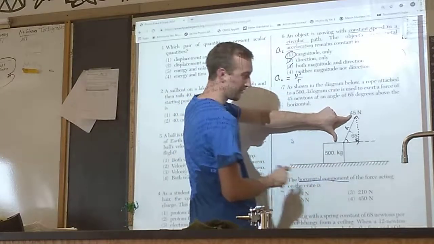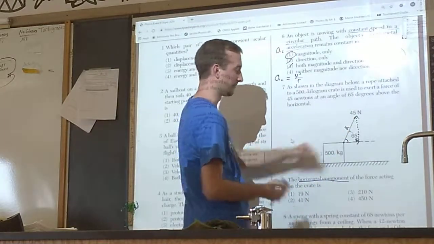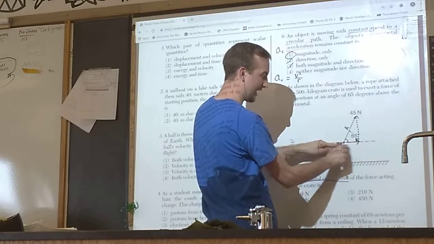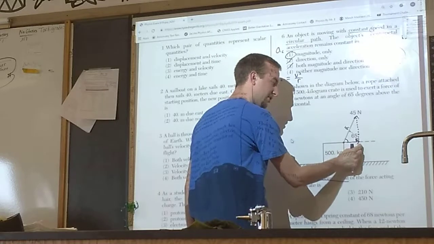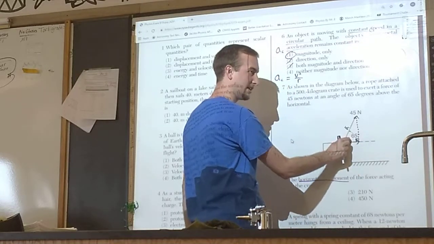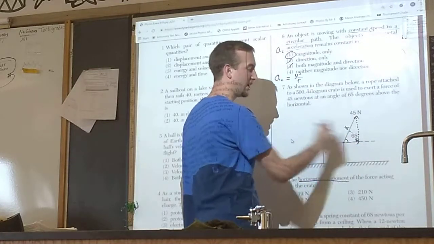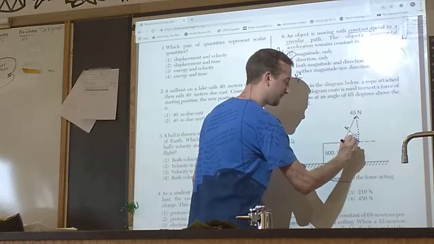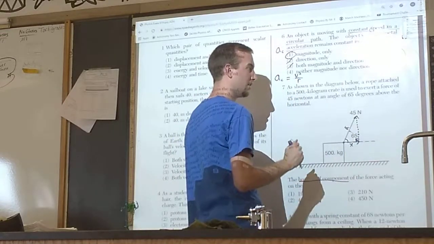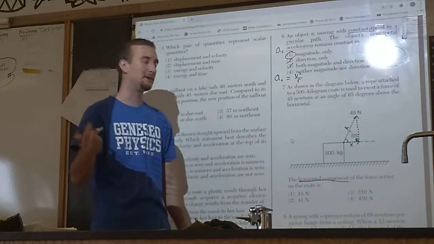We have a hypotenuse. That's this side right here. We're looking for the x component, the horizontal component. We have the angle. If the angle is right here, we refer to this as the adjacent side. So we're looking for adjacent, and we know the hypotenuse. Which trig function is that? That would be cosine.